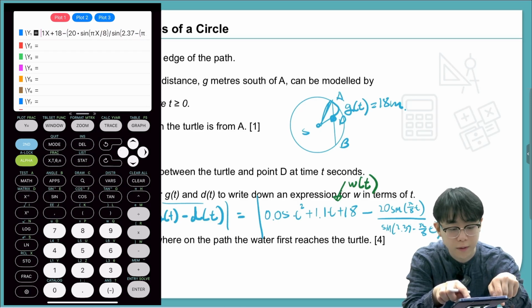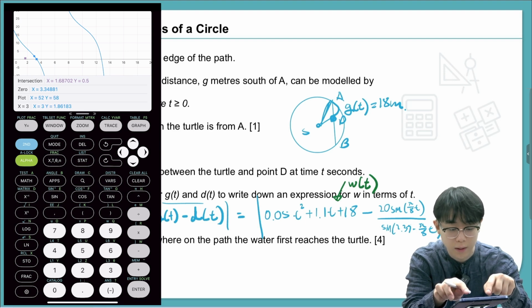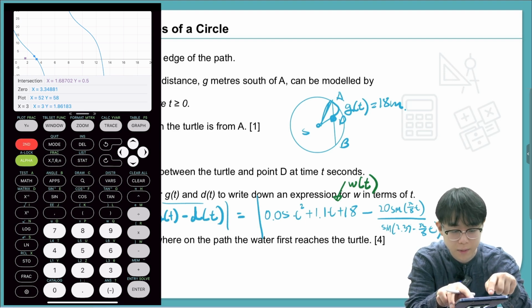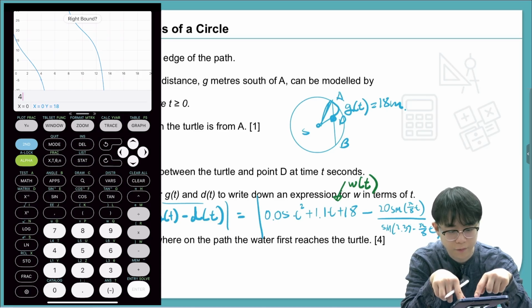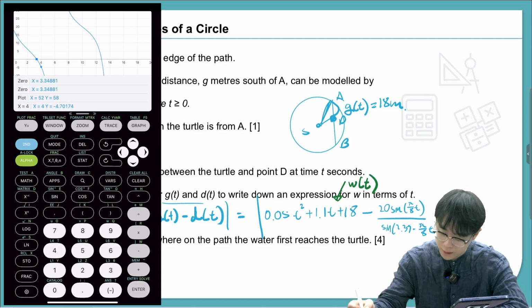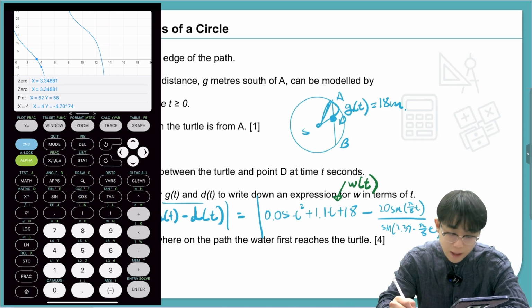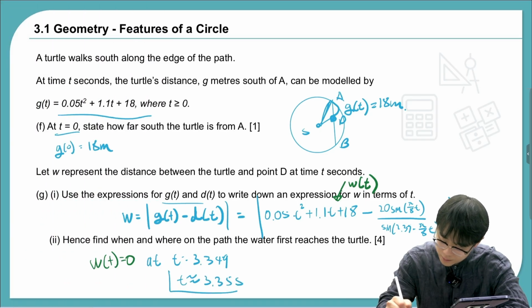Yeah, and if we also have the absolute value sign, everything should be all right. Okay, so the first time this happens will be 0. So let's say the left bound is 0 and the right bound is 4. Then this occurs at t is 3.349 seconds, or when t is roughly around 3.35 seconds.